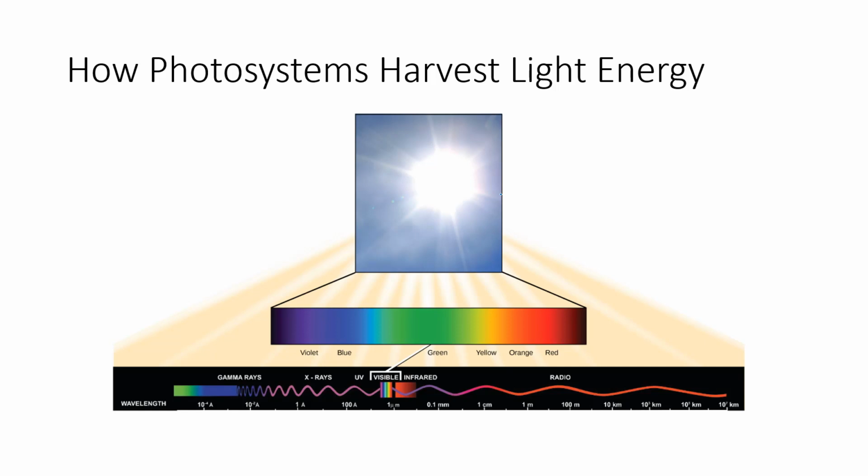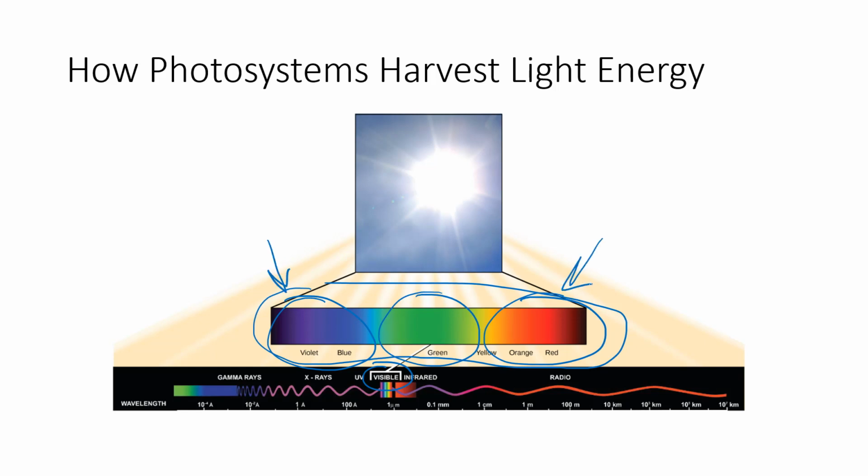So sunlight is composed of photons. Photons contain energy, and in the visible spectrum, if we kind of blow up the visible spectrum here, on one side we've got the blues and the violets. On the other side, we've kind of got the oranges and the reds, with the greens in the middle, right? And so most of the energy that is captured in the processes of photosynthesis comes from both of these sides, and the green wavelengths are, for the most part, ignored.